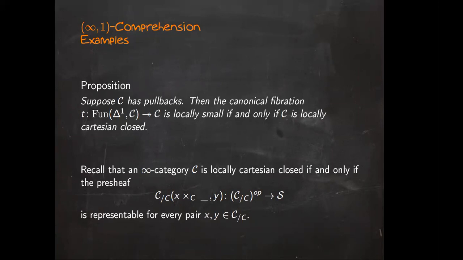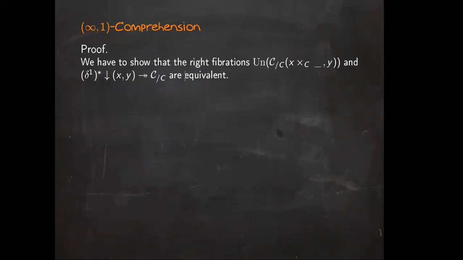The proof is quite straightforward, but very, very long and annoying. But the idea is very simple because it's the same idea as in the ordinary case. Namely, in order to show this, you want to show that the two presheaves are equivalent, right? So we know that the fibration is locally small if and only if this comma category is representable, and it's locally Cartesian closed if and only if these presheaves on the top line are representable.